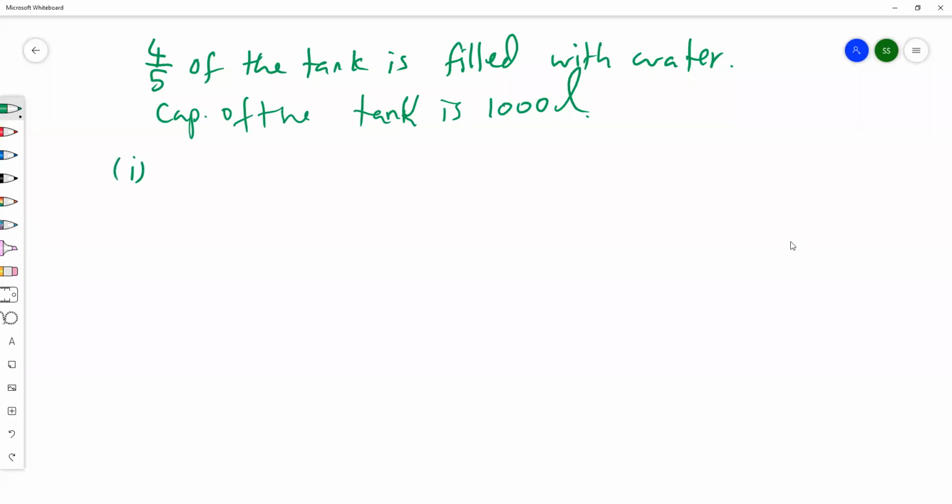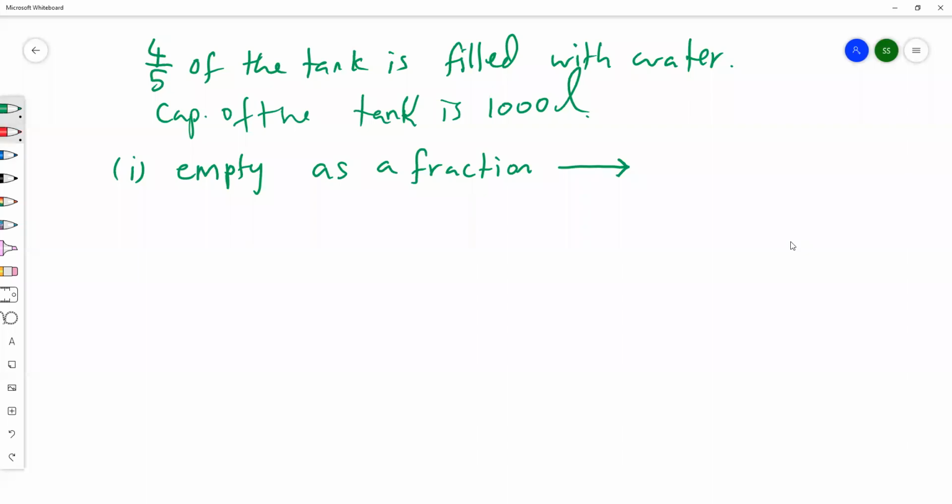Find the remaining part, what is the empty part of the tank, as a fraction. Empty, which is not filled with water, as a fraction.